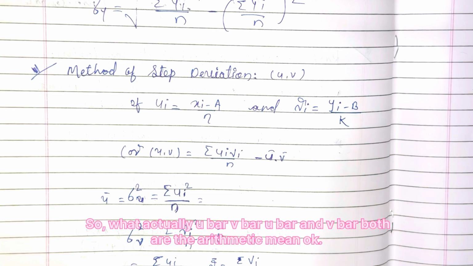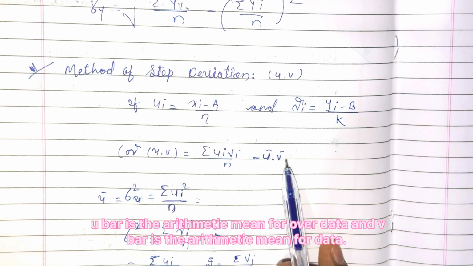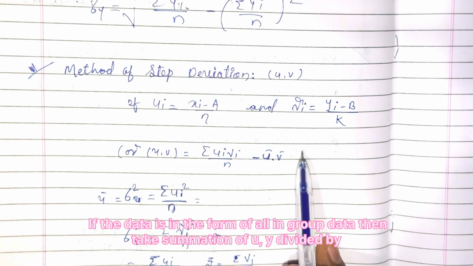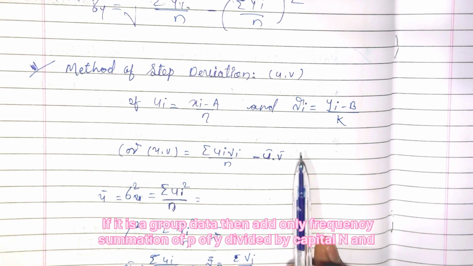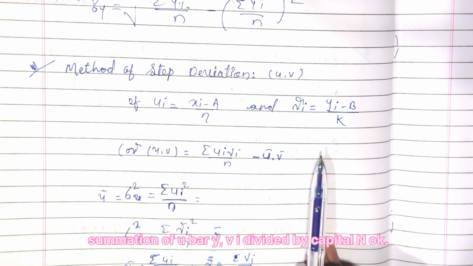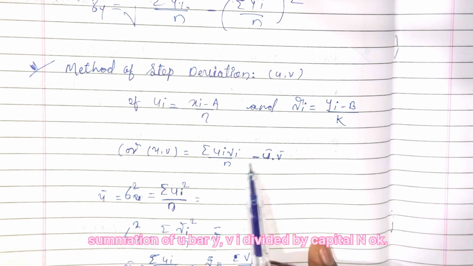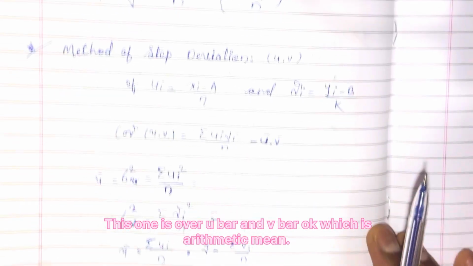Both are arithmetic means. u bar is the arithmetic mean for our data u and v bar is the arithmetic mean for data v. If the data is ungrouped, then take summation of ui divided by n, summation of vi divided by n. If it is grouped data, then add the frequency: summation of fi ui divided by capital N and summation of fi vi divided by capital N. This is our u bar and v bar, which is the arithmetic mean.